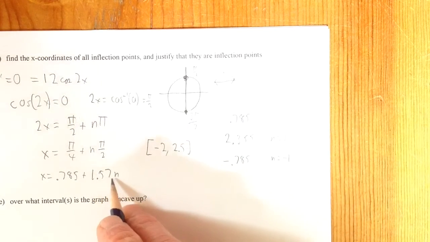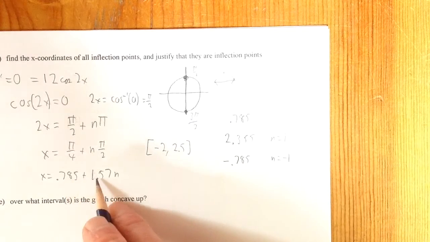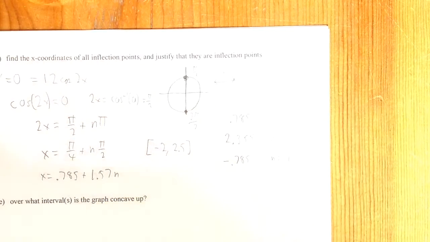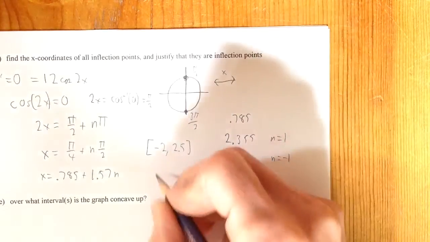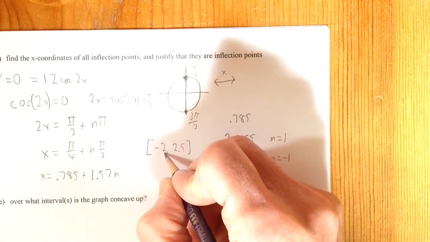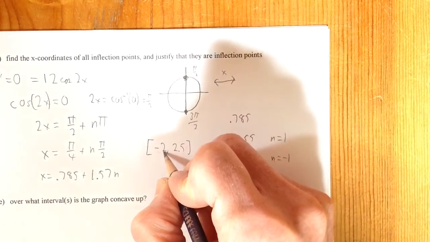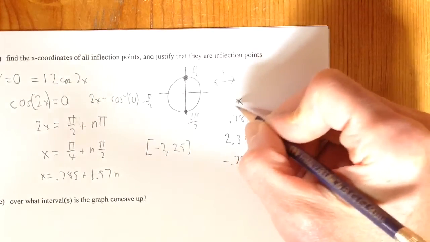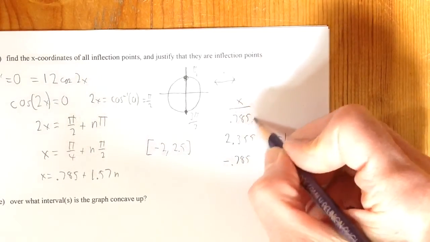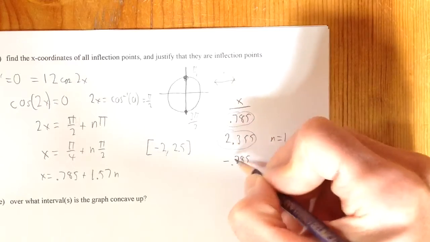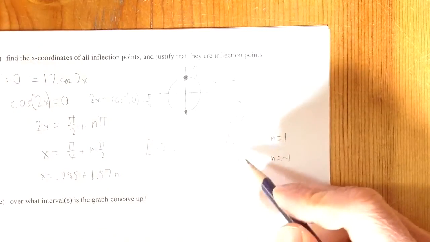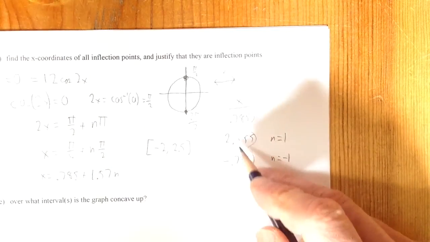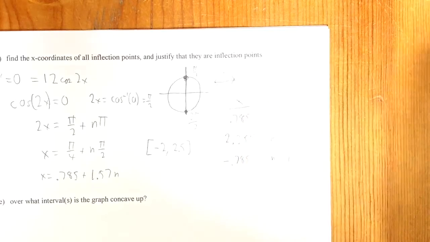That's 0.785 minus pi, so 0.785 minus 3.14, which is -2.355. That doesn't work, because we only go to -2. So once again, there are 3 that work. These are the x values: 0.785, 2.355, and -0.785. Those are where our inflection points are going to be, and it should match up in the graph, looking like it's in the middle of the peaks and troughs.